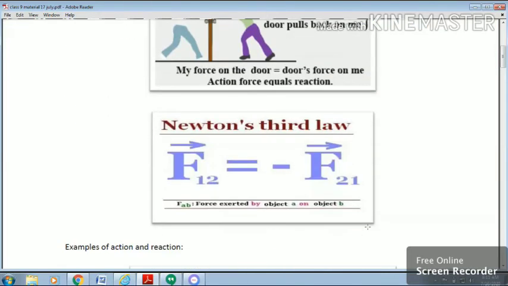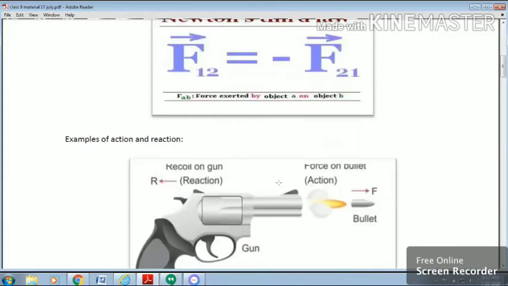These two forces are equal in magnitude, hence we represent it like this: F12 or FAB, the force exerted by object A on object B. So F12 is equal to minus F21. Here the negative sign indicates that these two forces are equal in magnitude, but the directions of these two forces are opposite to each other.